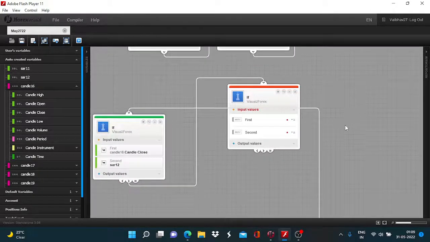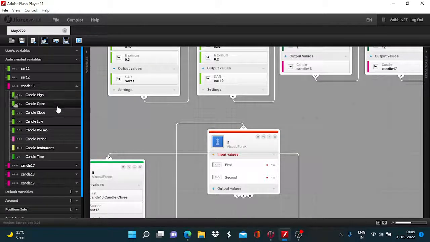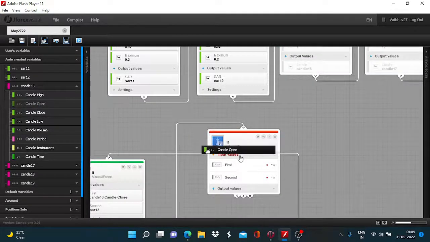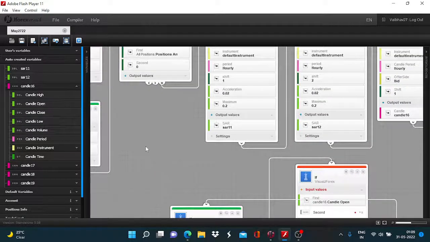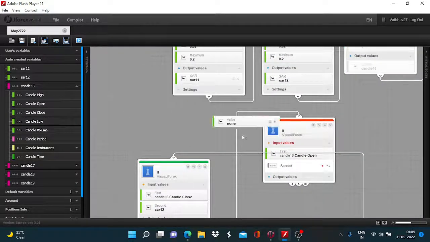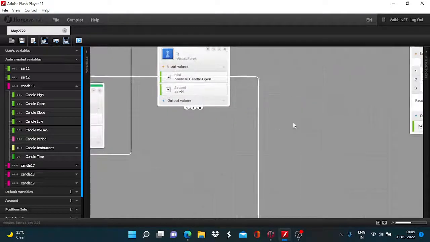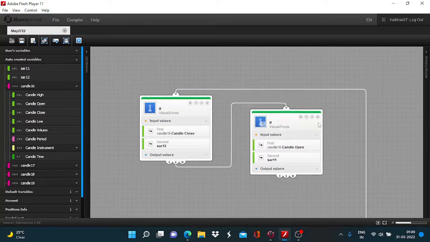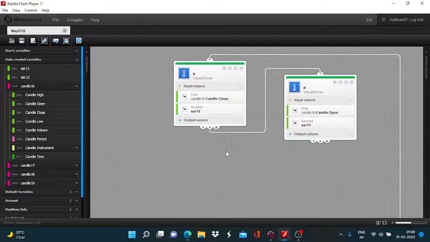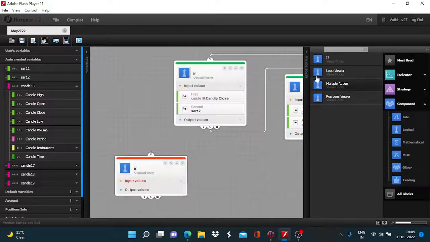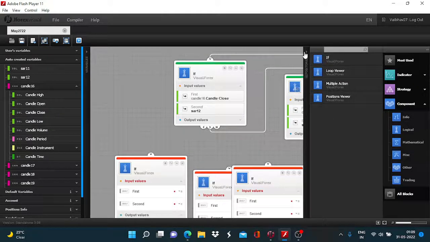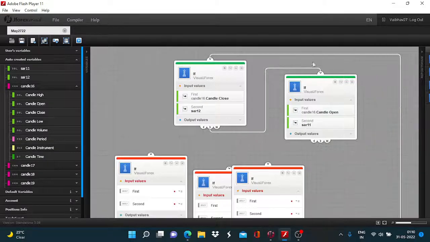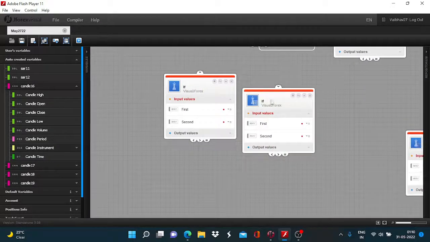and we need the last hour's opening price, candle open, to be greater than the last hour's SAR output. Now I have to compare it with SAR 11. Alright.